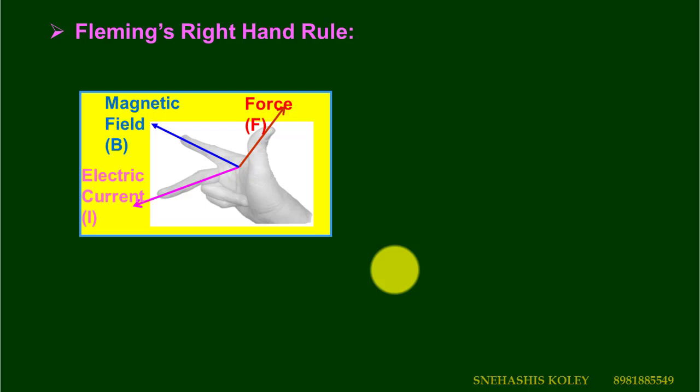But Fleming's left hand rule is used to find the direction of the force felt by a current carrying conductor, whereas the right hand rule is used to find the direction of the induced current in a conductor. So don't get confused.